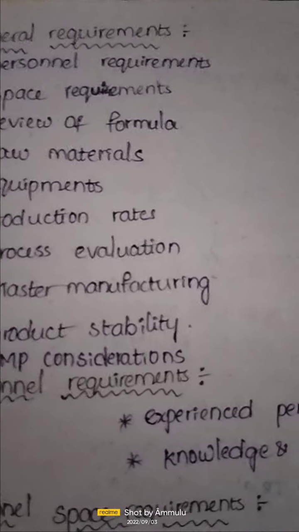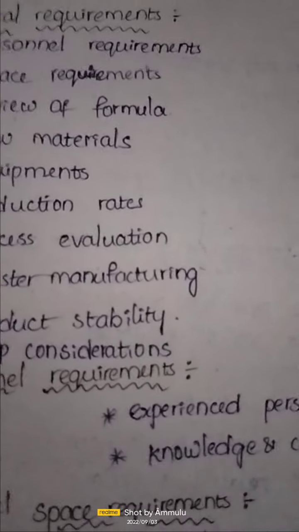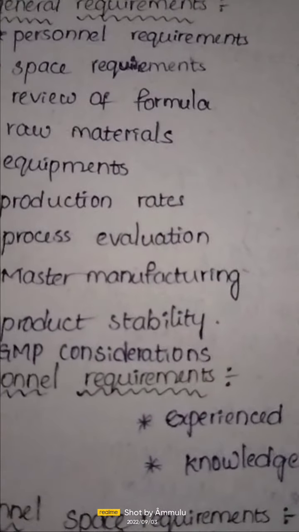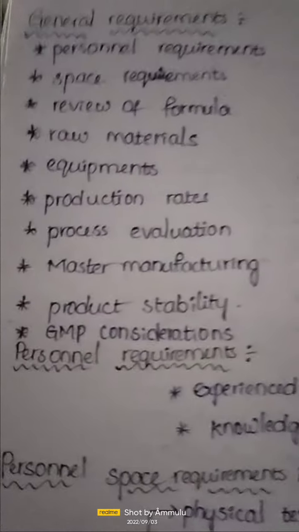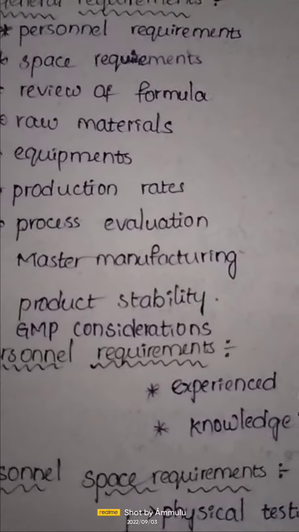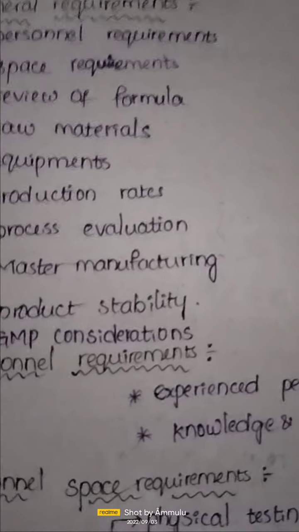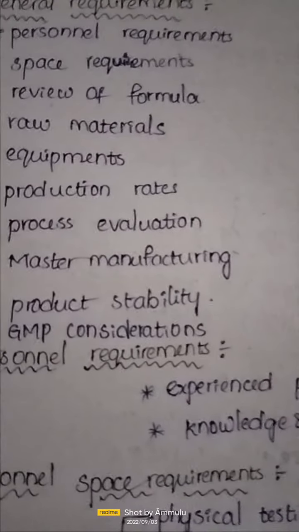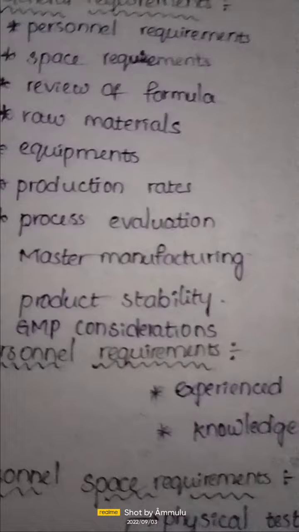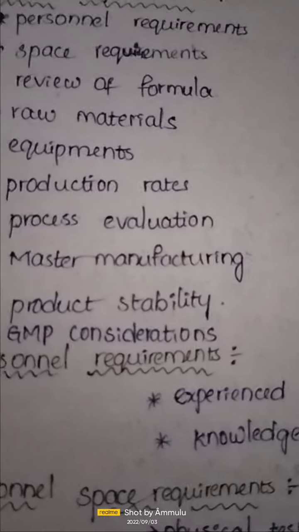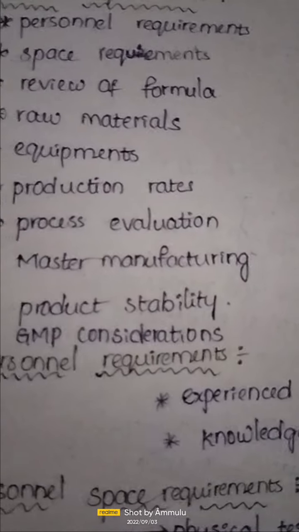In these space requirements, we have to provide space related to the storage area, working place, administration area, and equipment space. These are the spaces required for the particular processing or manufacturing of the products. Okay, and then reviewing of formula.